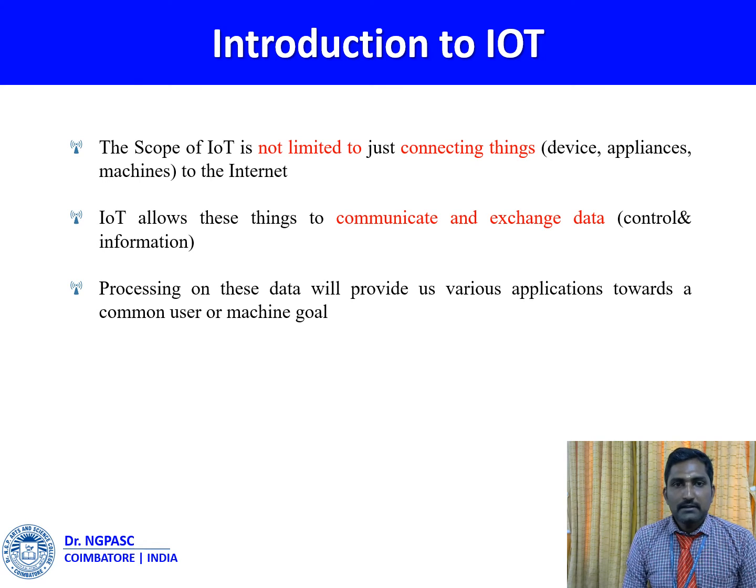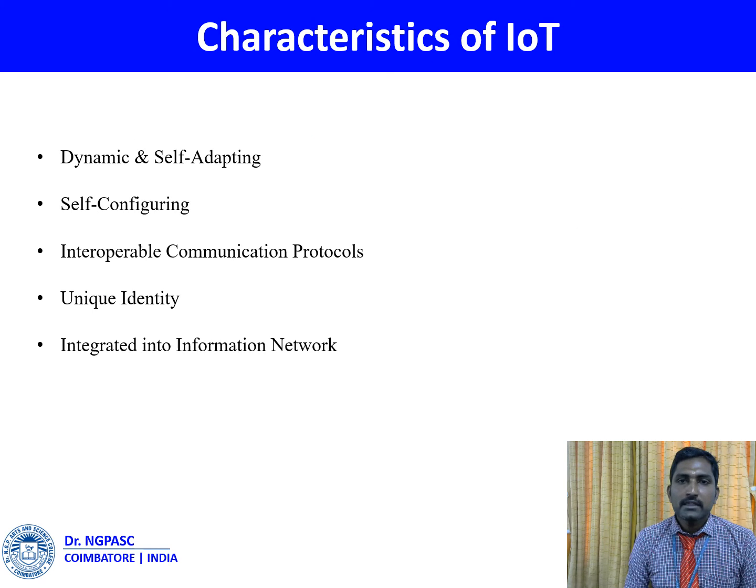So IoT allows these things to communicate and exchange data, that is controls and information. After that, how they are processing the transferred data will provide us various applications towards a common user or machine goal.